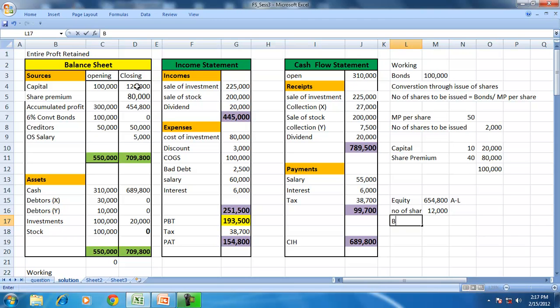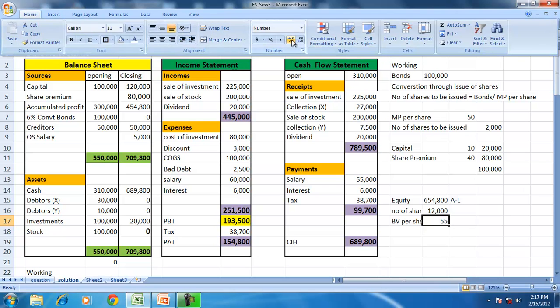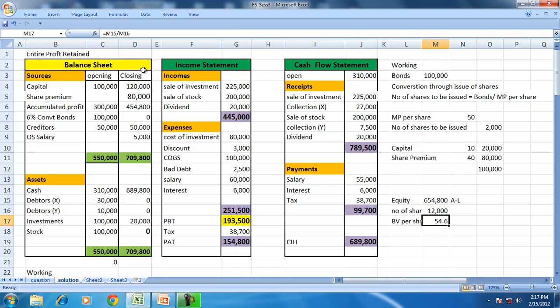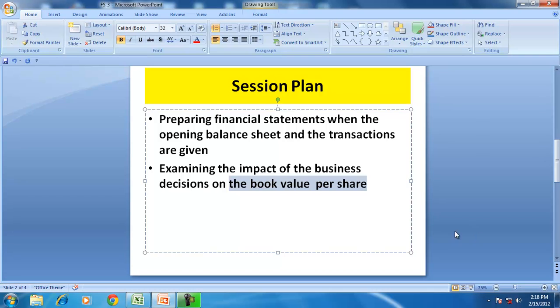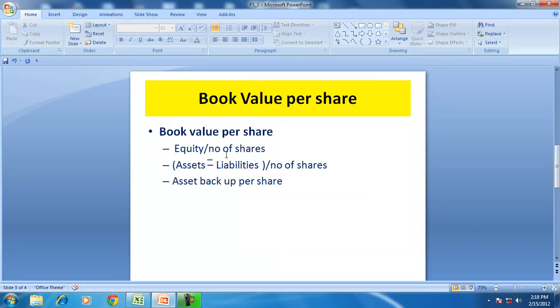The number of shares on this date is 120,000 divided by 10. So the book value per share is 54.6. What is book value? The book value per share is equity by number of shares, or assets minus liabilities by number of shares, which is also called the asset backup per share.